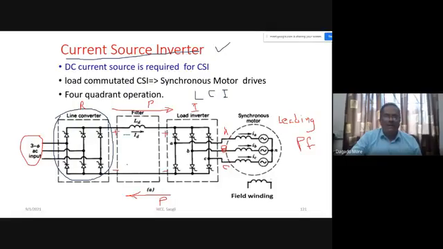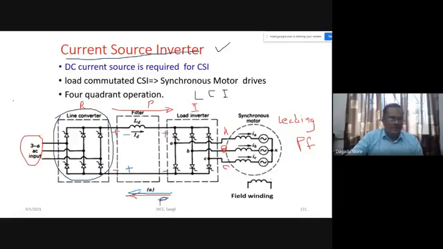This will become minus and this will become plus. When the power is flowing this side, the voltage polarity will change. Current will remain the same. Okay. So it is possible straight away, 4 quadrant operation of the drive: the synchronous machine can run in both directions and brake in both directions, and while braking we can feed energy back to the supply.